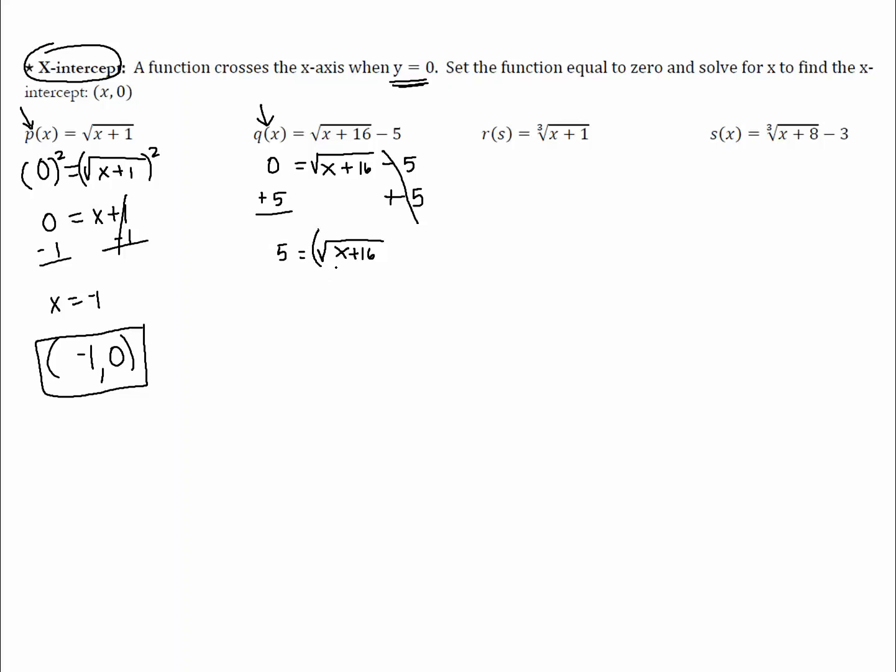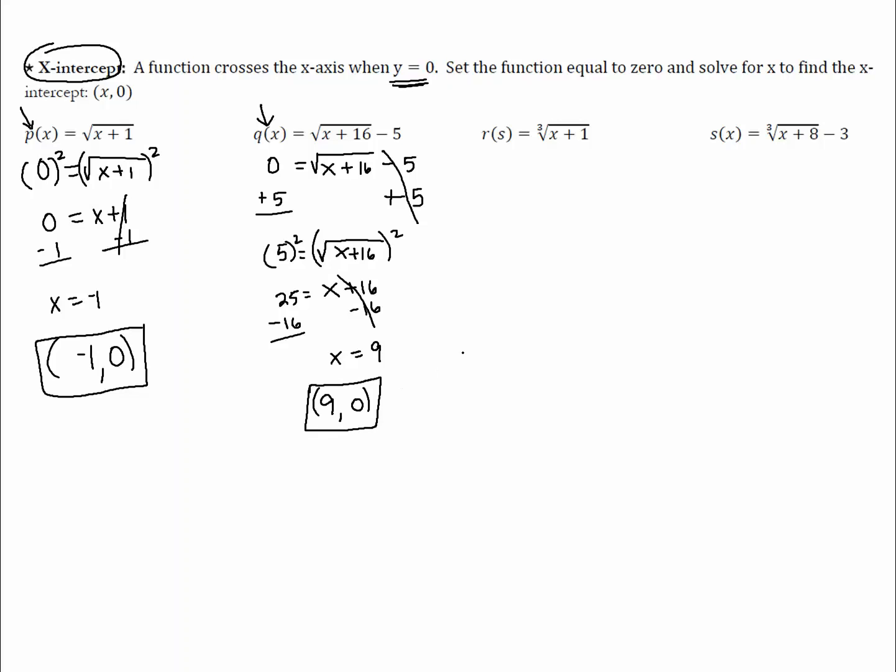And since we got a square root, we got to square both sides. This is 25 equals x plus 16. We're going to subtract 16 from both sides. And we have x equals 25 minus 16, which is 9. The answer is going to be 9, 0.